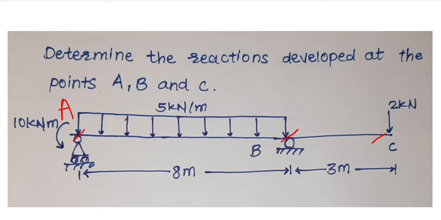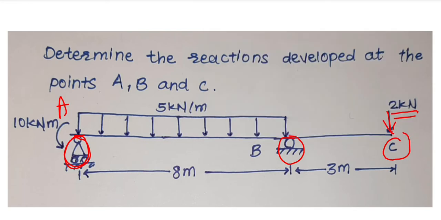Now let's analyze the beam first. See here, at point A there is a hinge support. This is the symbol of a hinge support. At point B there is a roller support, and at point C there is no support, but a 2 kilonewton force is acting on C in the vertically downward direction.